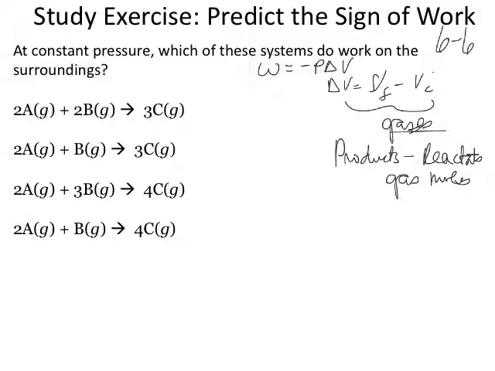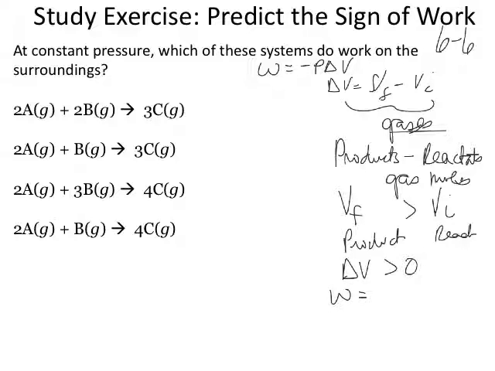Because if your products are greater than your reactants, then this delta V is going to be greater than 0. It's going to be positive. If you have a positive delta V times a negative P, your work ends up being negative.